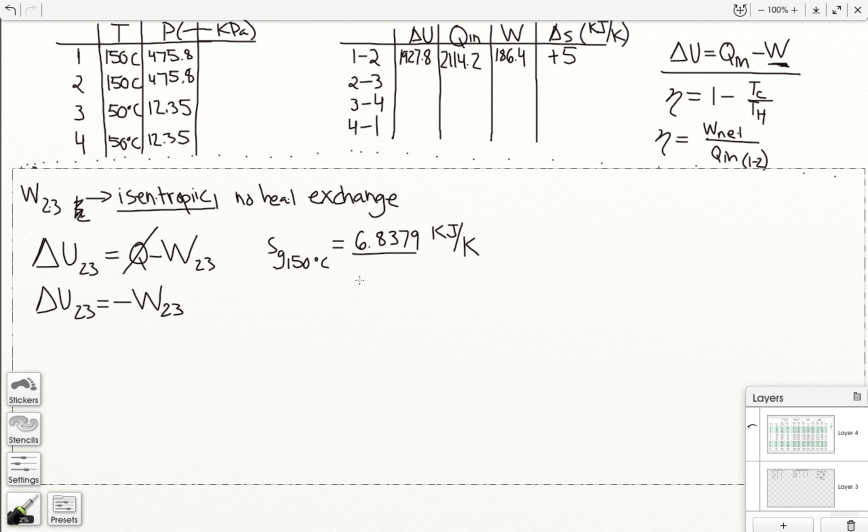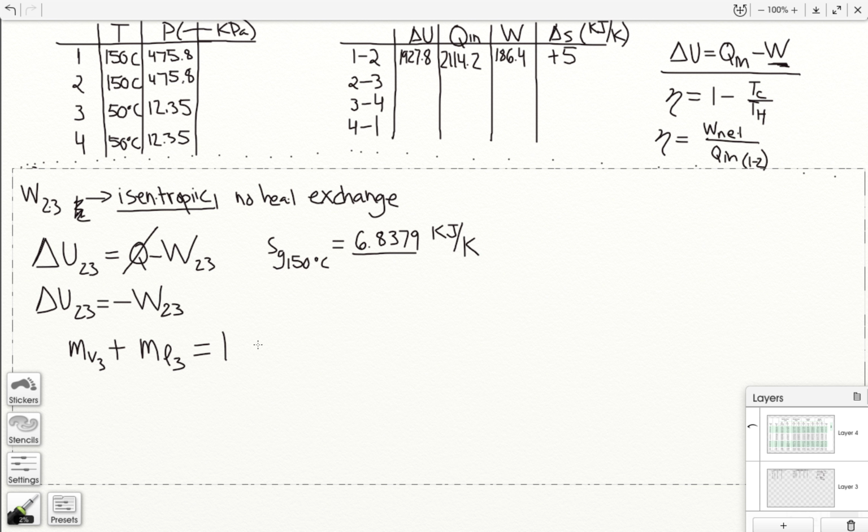Now at state 3 it's going to be a mixture of vapor and liquid, but we don't know exactly how much yet. So here I'm going to call mv3 as a vapor, the mass of vapor at state 3, and we'll have ml3 as the mass of the liquid at state 3. Now I know that both of these has to equal to 1 because we have 1 kilogram.